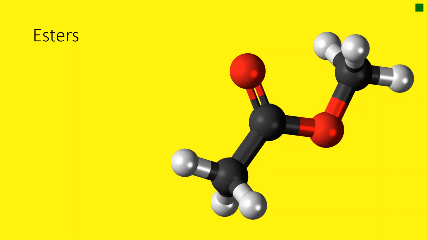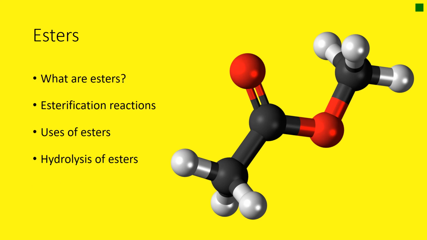So that's the end of this lesson on esters. As usual, let's just check that we've done everything we wanted to do. What are esters? Well, we know that they are molecules that combine acids and alcohols. And we looked at those esterification reactions, both in the forward and the backward directions. Uses, we had the 4 uses of esters.